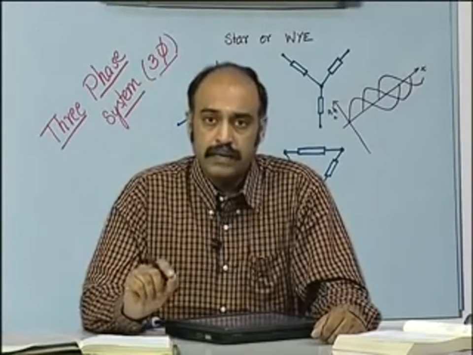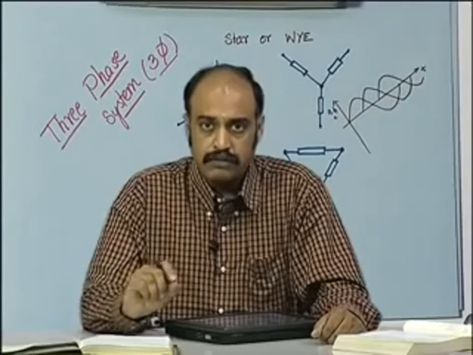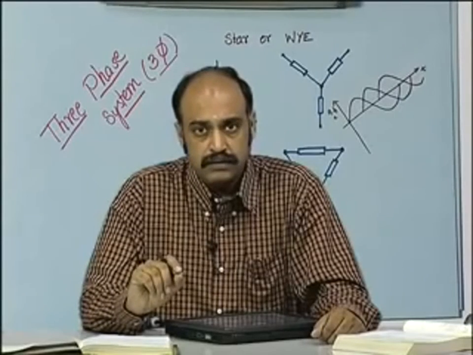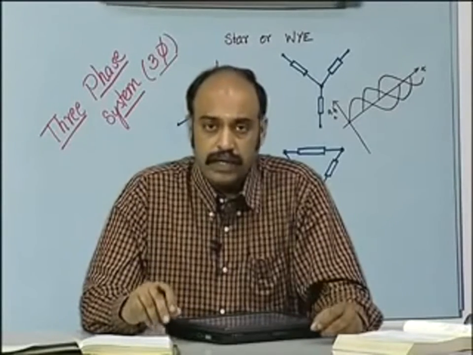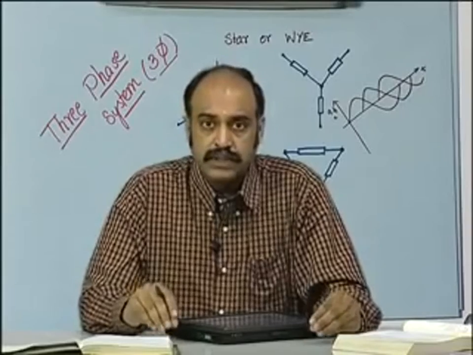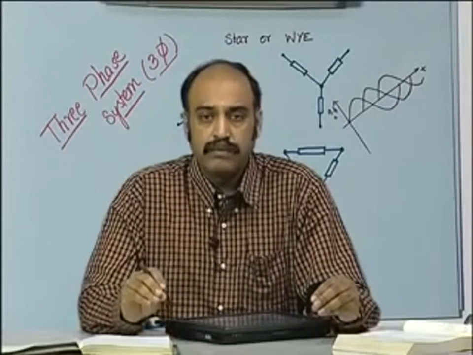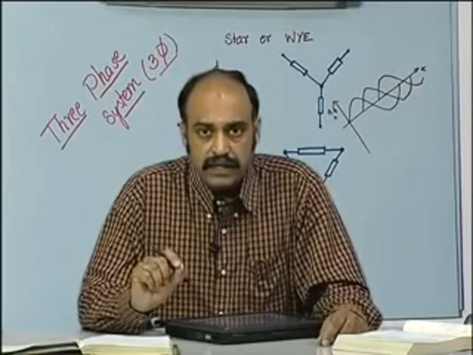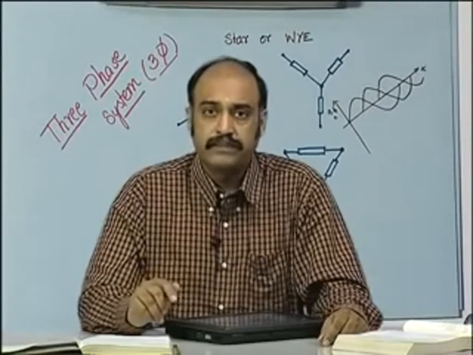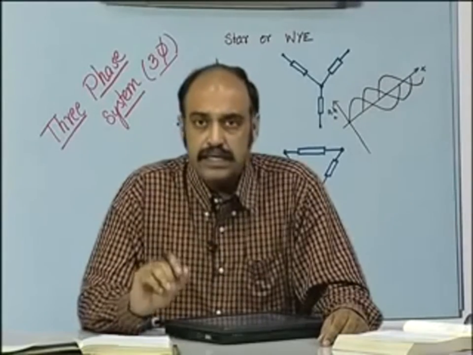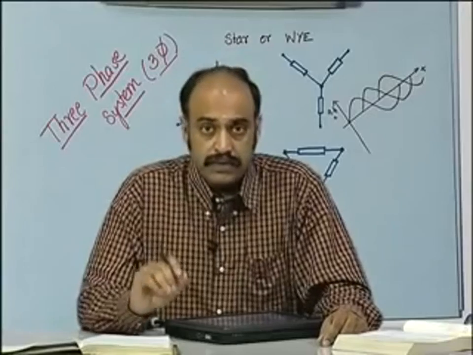And then we eliminated the common neutral wire, which is the 4th wire, and made it into a 3-wire system, with the assumption that the loads were balanced, and because the loads were balanced, the instantaneous current flowing through the neutral wire, IA plus IB plus IC, is always 0.